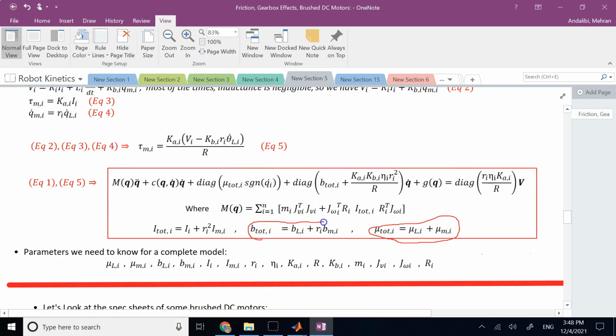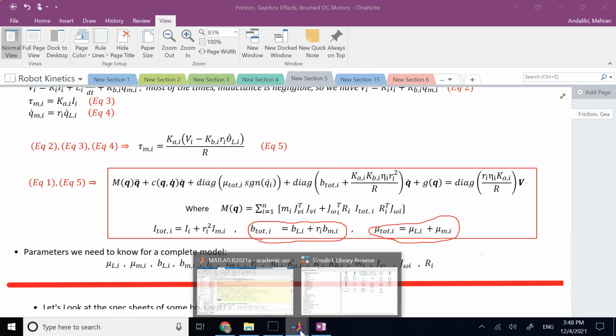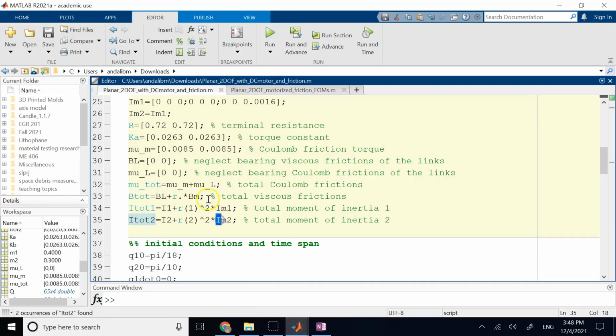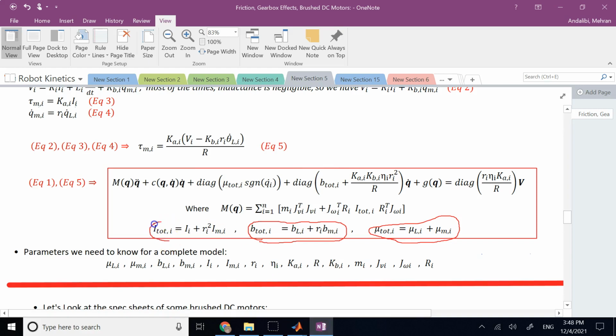Your B total, the viscous coefficient total, is B of the link plus the gearbox ratio times B of the motor. And these are what you can see here, right? These two. And finally, I for each joint is the I of the link plus the R of the gearbox squared times I of the motor. As you can see here, I total. And that I have implemented.